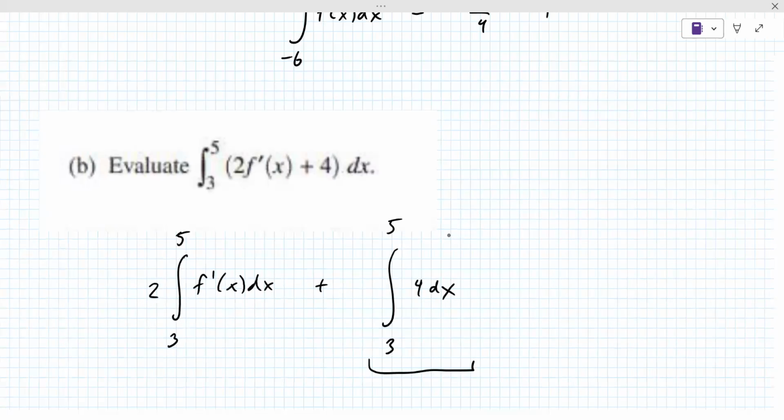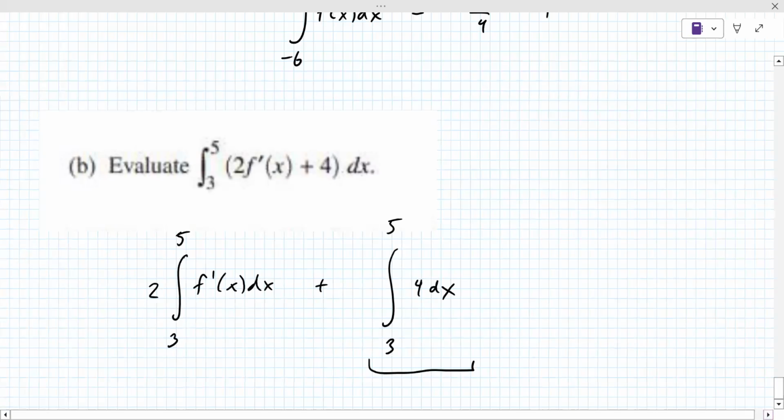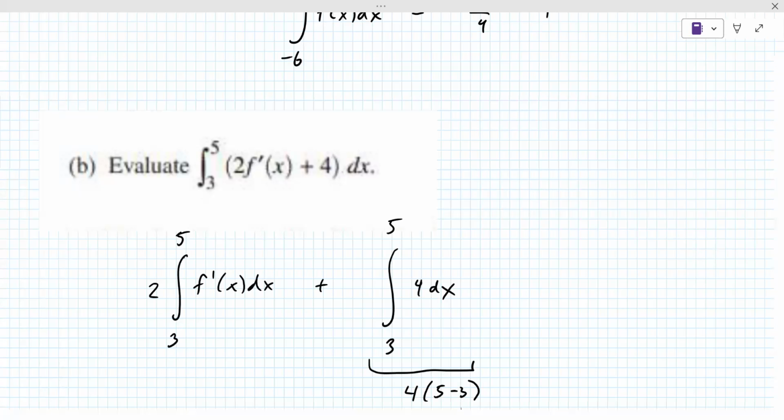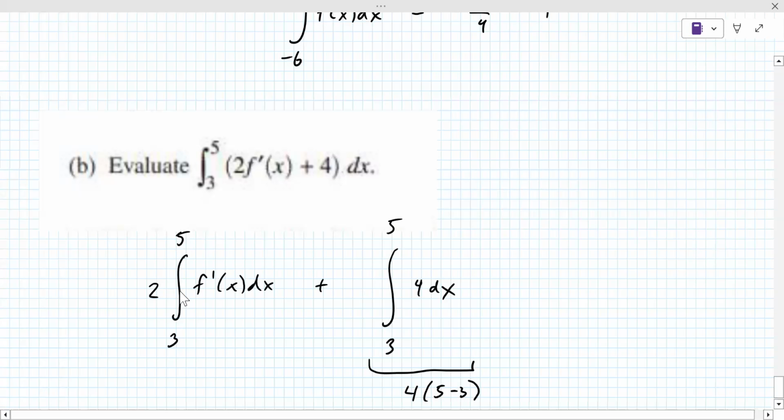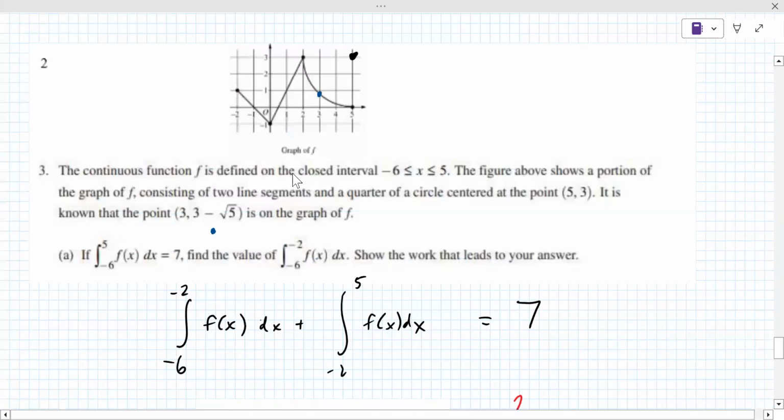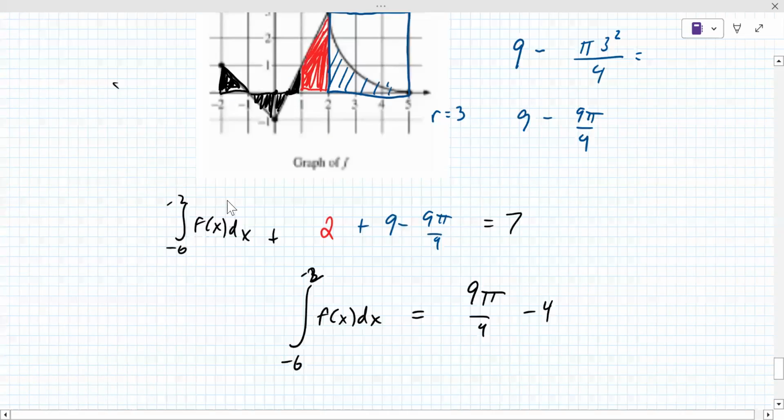The one on the right just ends up being 4 times 5 minus 3. The one on the left here you get from doing the area under the curve from 3 to 5, which is a bit more involved. It does go back to this point right here. You're going to have to use that for part B.